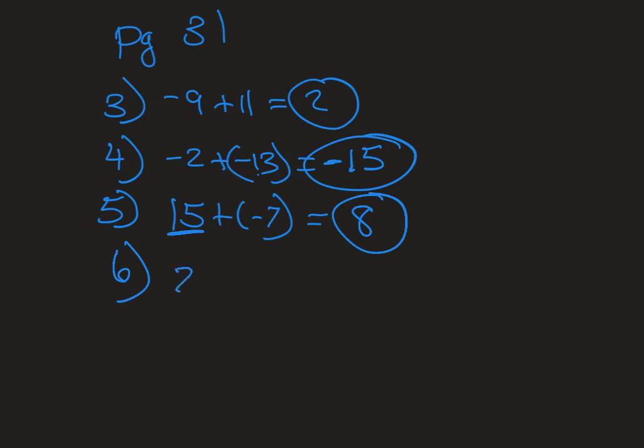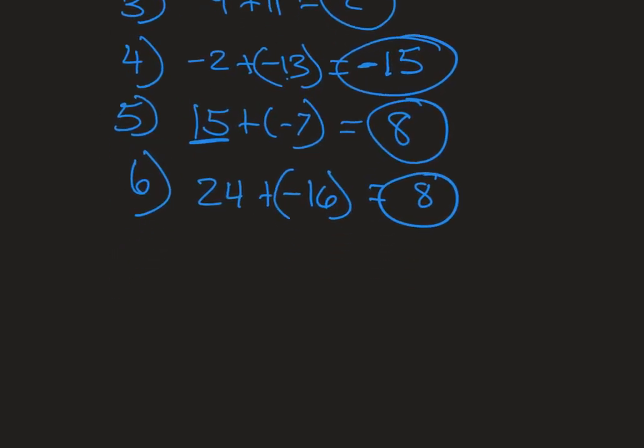Number 6 is 24 plus a negative 16. Andrew. Subtract, you get 8, and since 24 is larger, it is a positive 8. 7. Jace, you have 15 plus 3. You have different signs, so you should be doing what? Adding or subtracting?